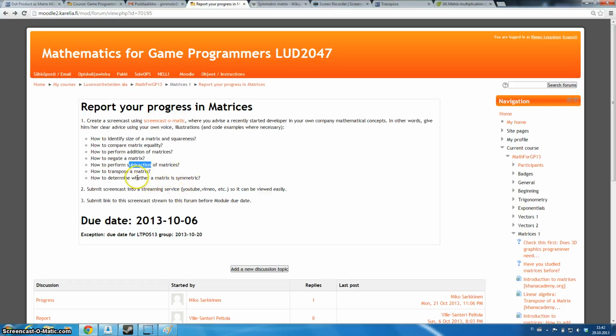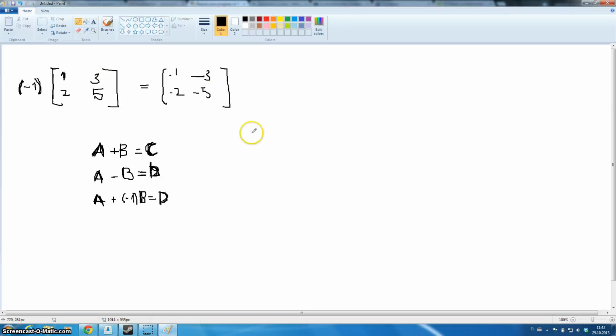So it's just calculating. Then how we transpose a matrix. If we have a matrix, let's make a D matrix.